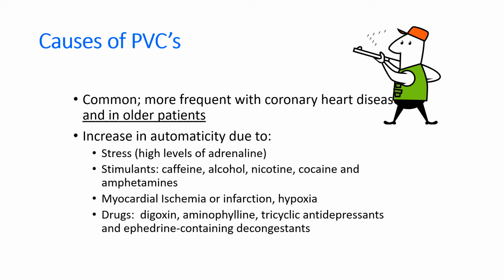If they are getting a lot of PVCs, they may be encouraged to cut out caffeine, cut down on alcohol, or stop smoking. Sometimes stress in life can cause PVCs. I know I had unifocal PVCs, and I didn't realize it until I was hooking myself up to a monitor to check a printer instead of using a simulator, and I noticed I was having PVCs and bigeminy at times. There was a lot of stress in my life at that time with a death in the family and some other things going on.